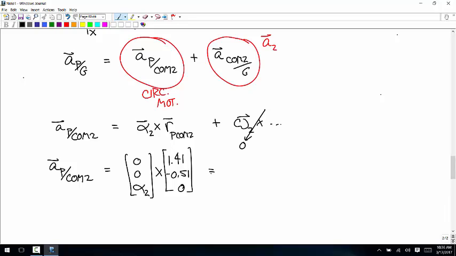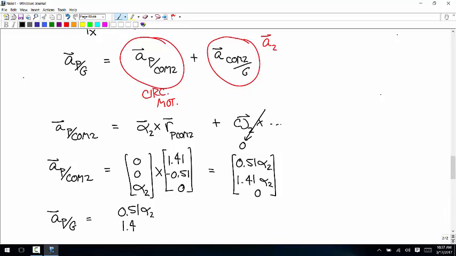And so the cross product is 0.51 alpha 2, 1.41 alpha 2, 0. And then the acceleration of P relative to the ground is equal to 0.51 alpha 2, 1.41 alpha 2 plus A2x, A2y.